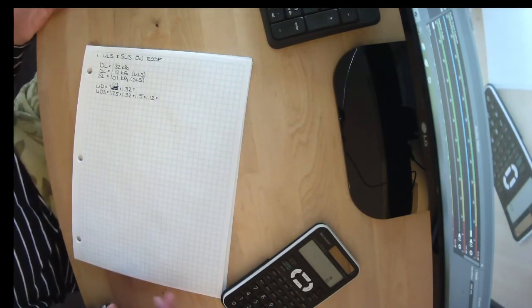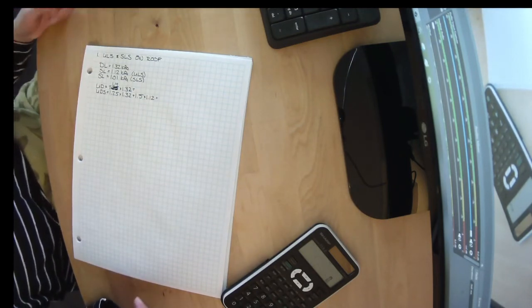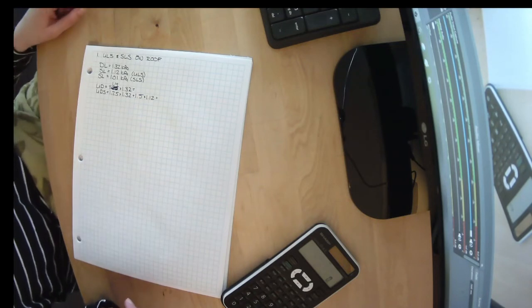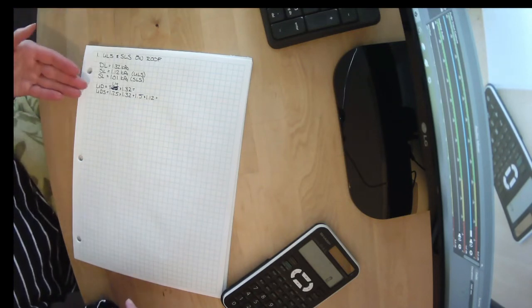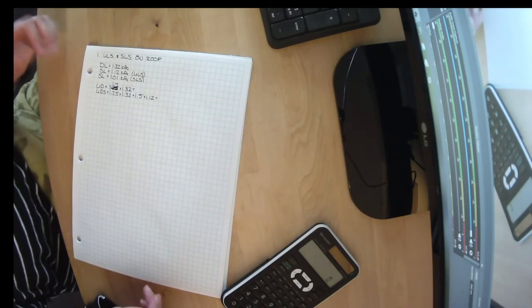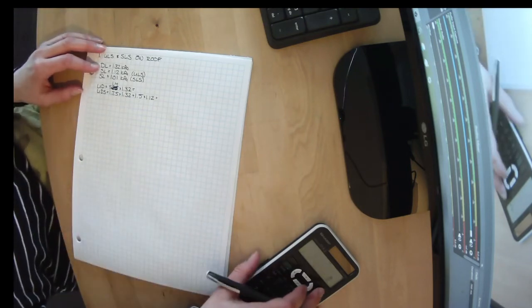That's it. There's no live up there. We haven't said anything about wind or seismic load acting as a gravity load on our roof. We only have 2 load combinations that we're worried about here at this point.